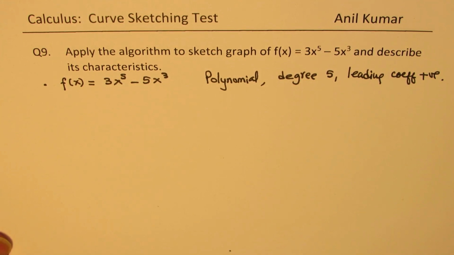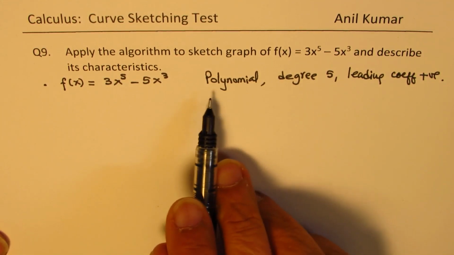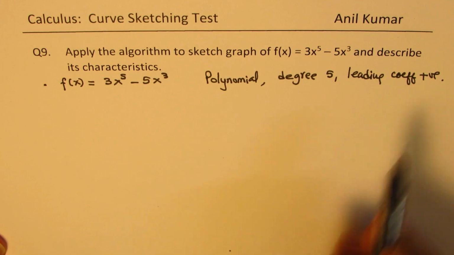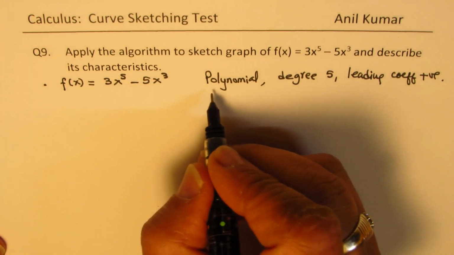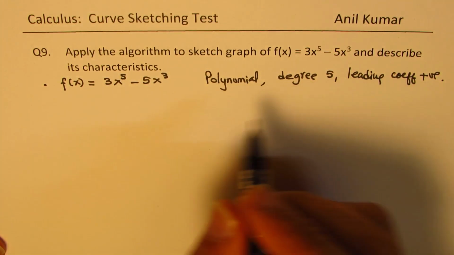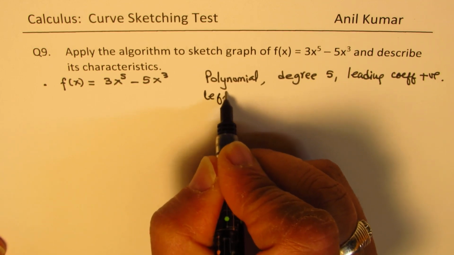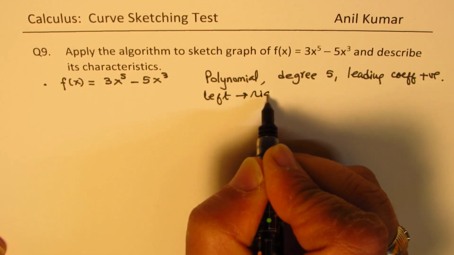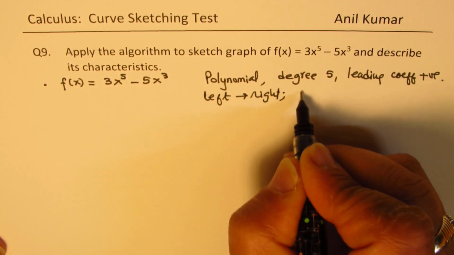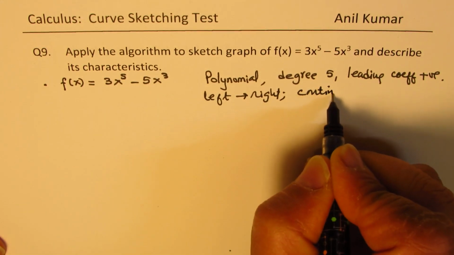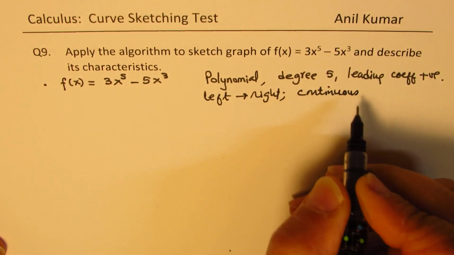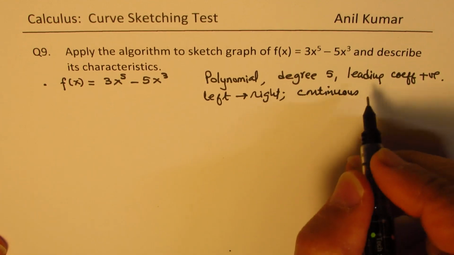All this is given to us, right? So as soon as we get a polynomial, degree 5, leading coefficient positive, we know graph moves from left to right, right? So the graph moves from left to right. It is continuous. Correct? Smooth curve.